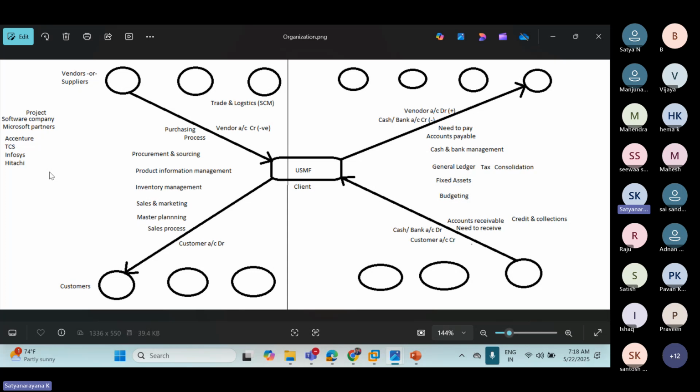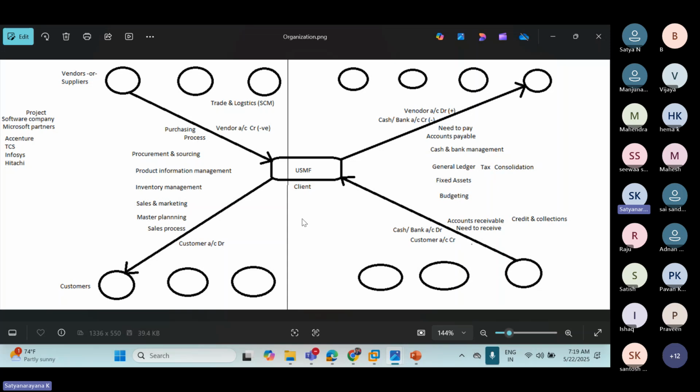There are so many companies in the market. Once you join a software company, you will be allocated to one project. For you it is a project, and for the software company it is called a client.